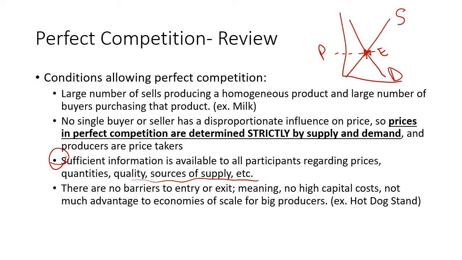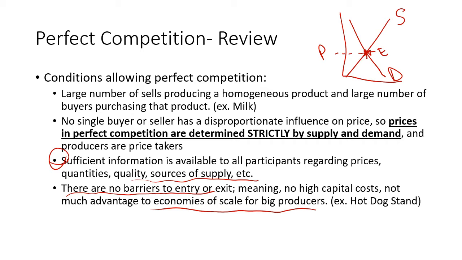Finally, in a perfectly competitive market, there are no barriers to entry or exit, meaning that there's not a high capital cost and there's not much advantage to economies of scale for big producers. So big producers aren't going to get really cheap prices on things.